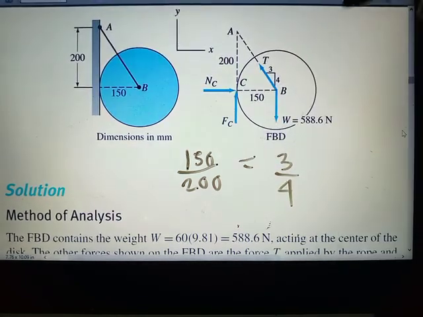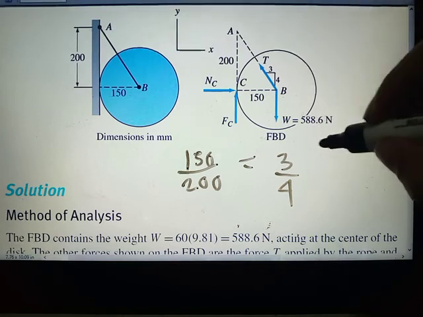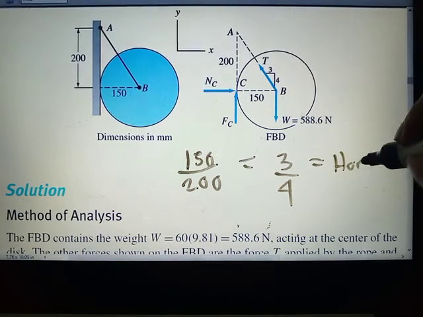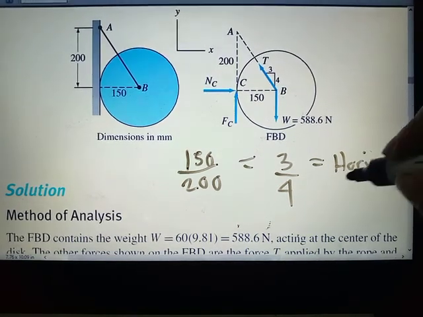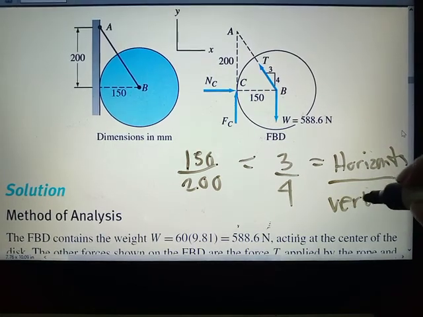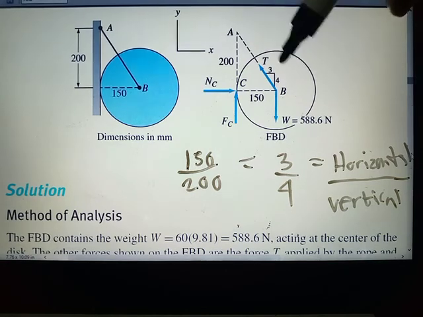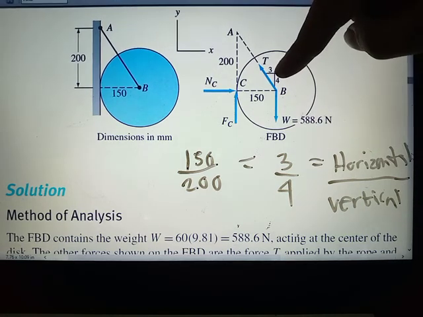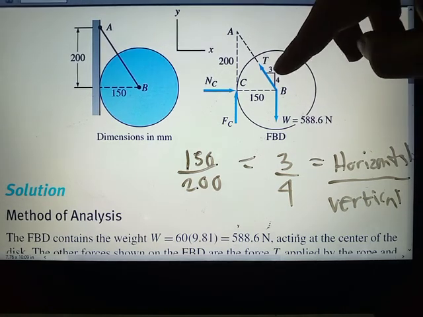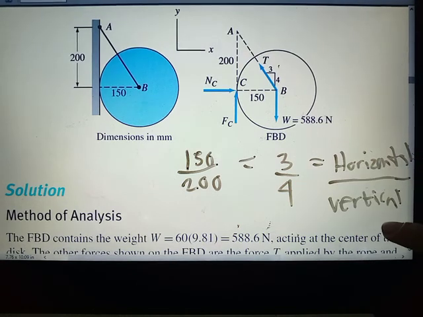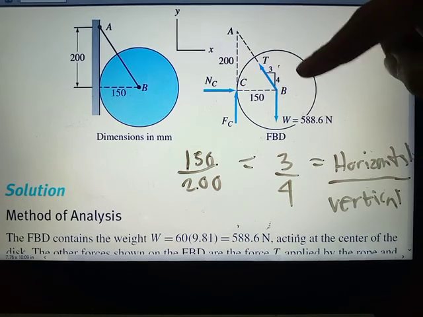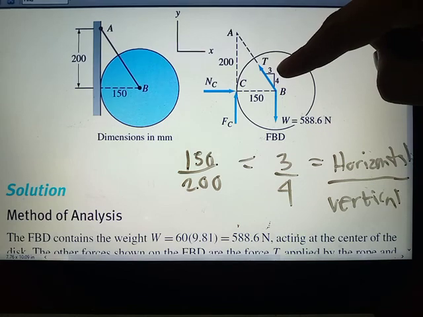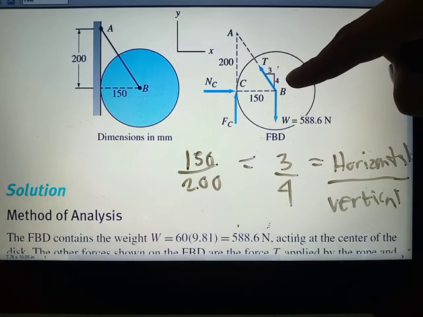So the horizontal is 3 and the vertical is 4. It doesn't matter whether you do 3 over 4 or 4 over 3.